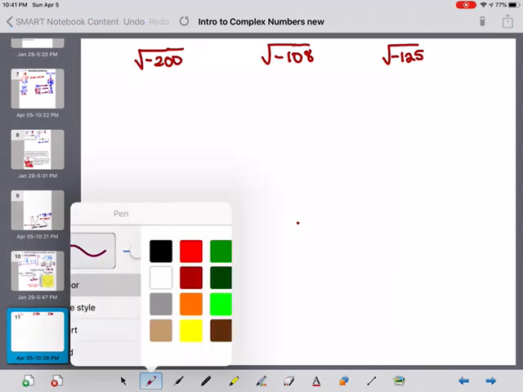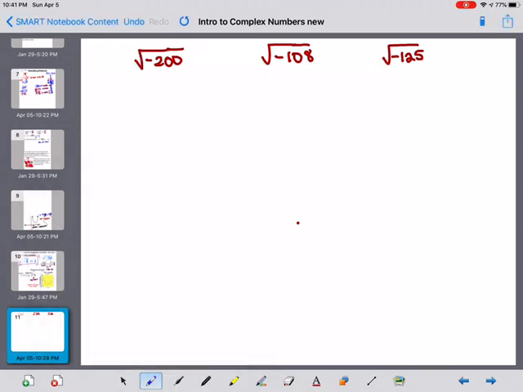First example is the square root of negative 200. The first thing I'm going to do is break it down into 200 and negative 1. I can't take the square root of 200, so I go back to my perfect square list and ask what perfect square can divide into 200?